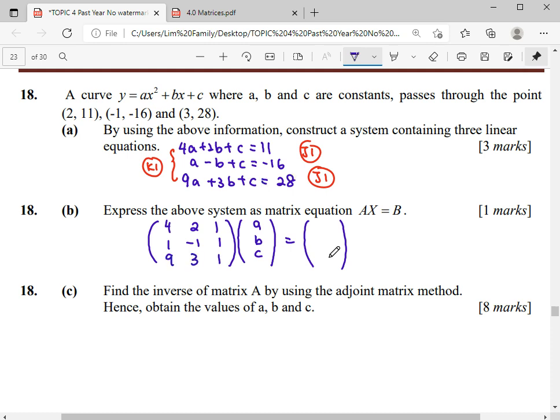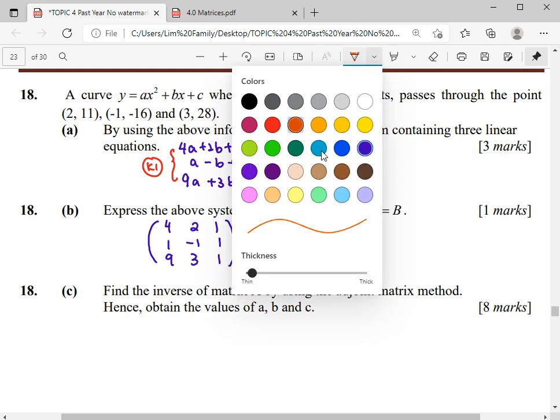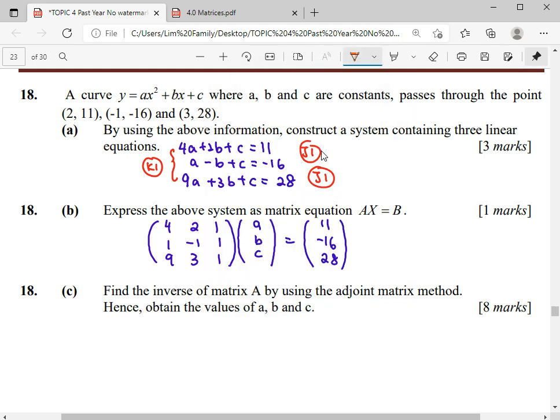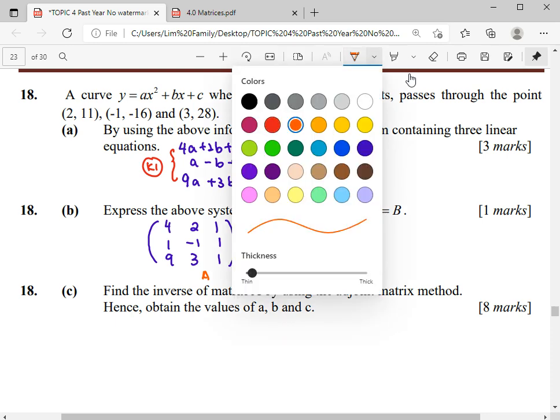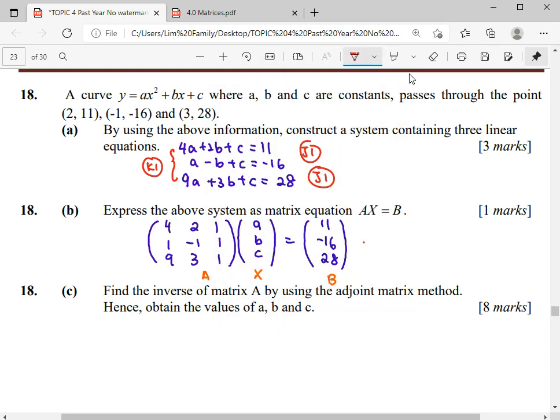And then our answer here is 11, negative 16, and 28. So this is our matrix A, this is the matrix of unknowns, and this is matrix B. This is just 1 mark for expressing the answer in matrix form.